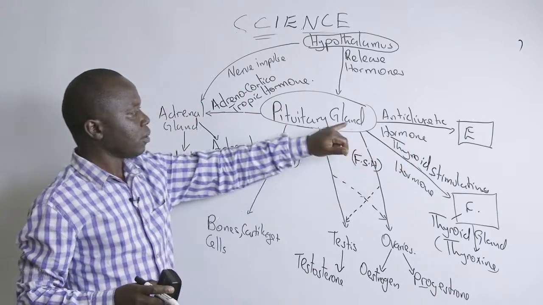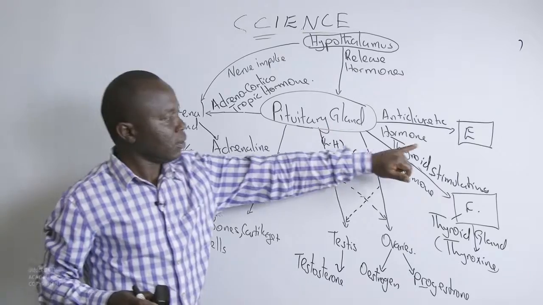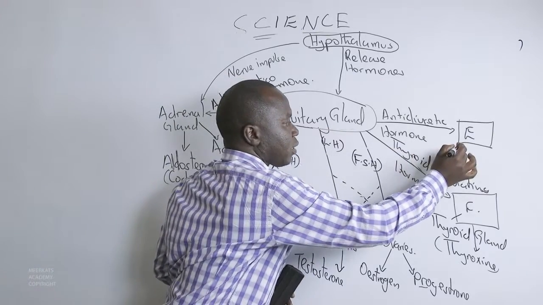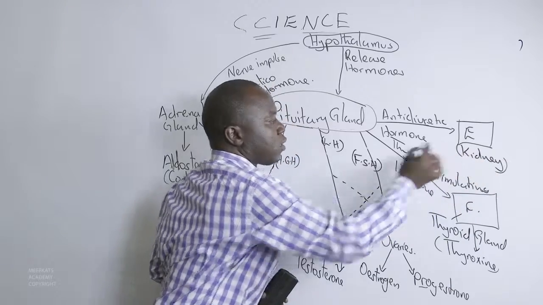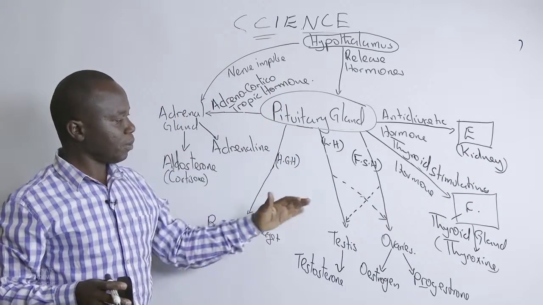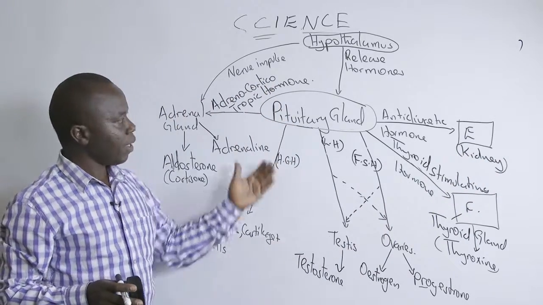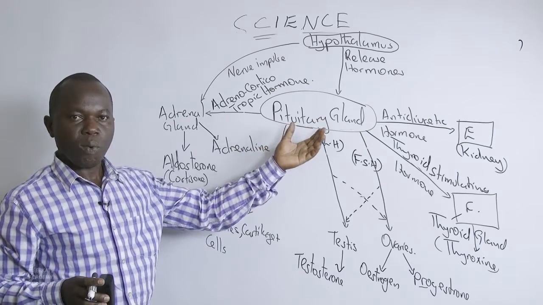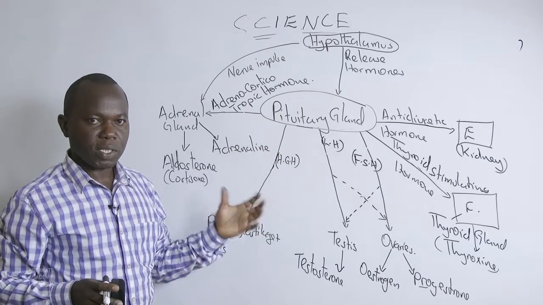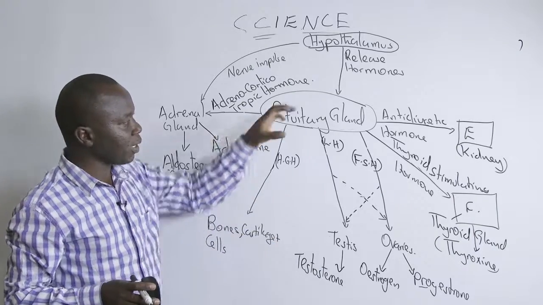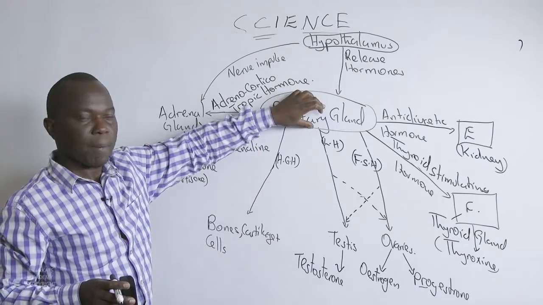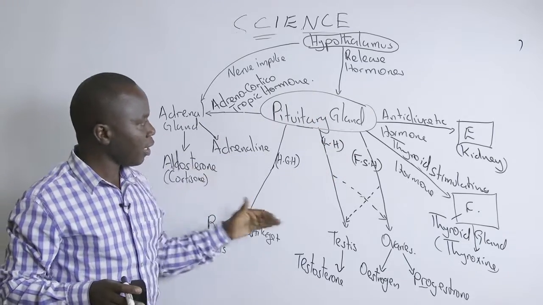Antidiuretic hormone from pituitary gland. What is the structure? Structure is the kidney. So this concept map that we have just built can help you understand why pituitary gland is called a master gland. We have used a question just to summarize the role of pituitary gland in relationship to other glands.